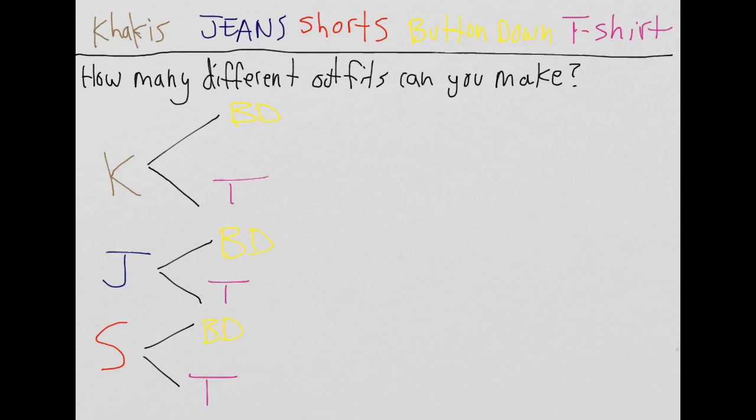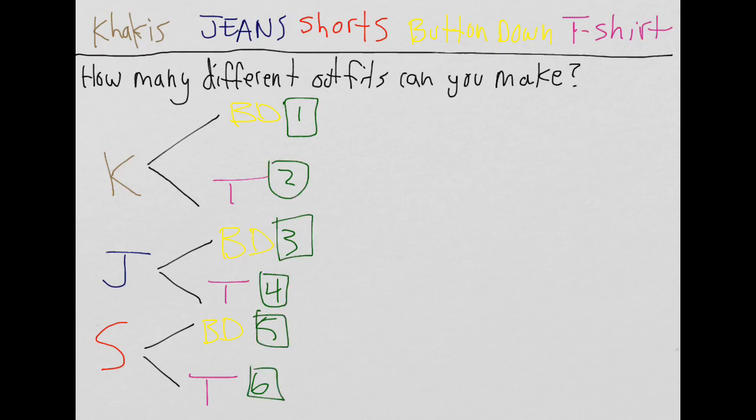If you start from the beginning and follow the branches to the end, we are going to end up with 1, 2, 3, 4, 5, 6 different combinations of outfits. Now, it doesn't matter how you make your tree.